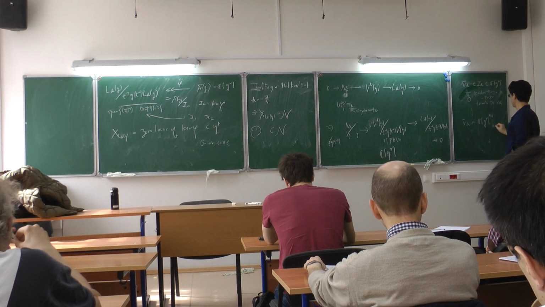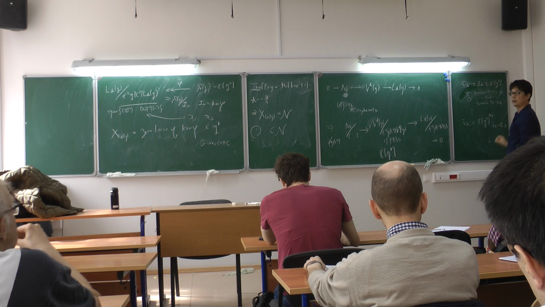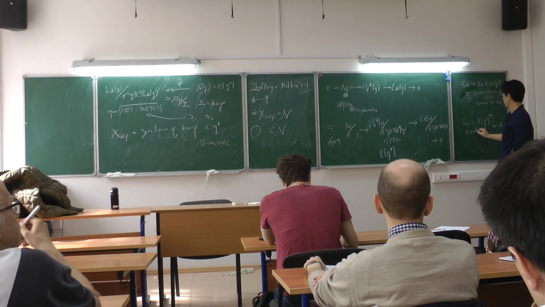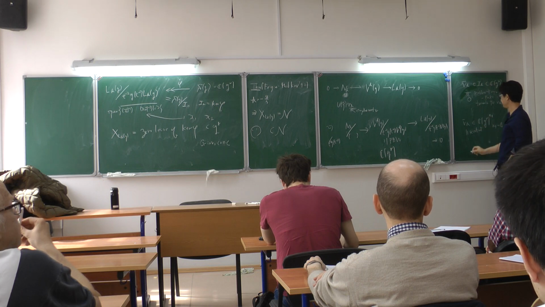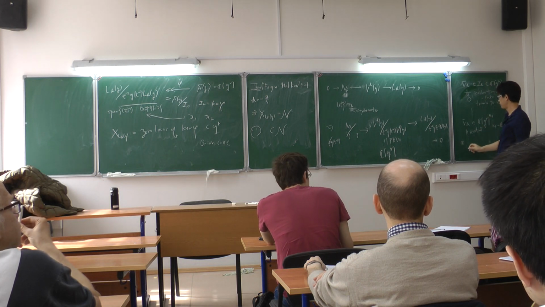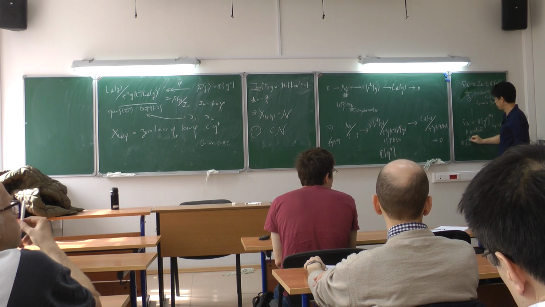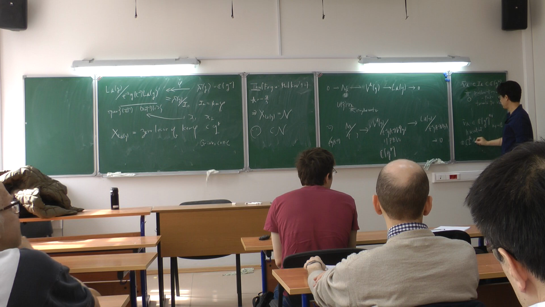So in the first, it's just E. And by Casimir, this must have this form: some power of Casimir times E times L.